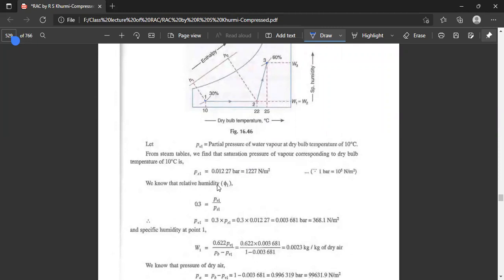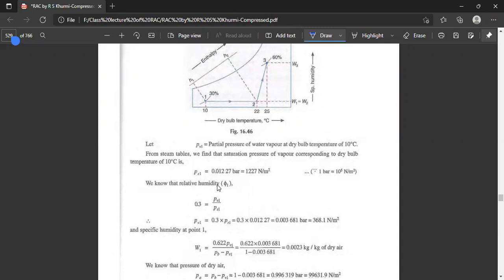From the relative humidity definition, we know it is the partial pressure of the water vapor, PV1, divided by the saturation pressure of the water vapor at the dry bulb temperature.